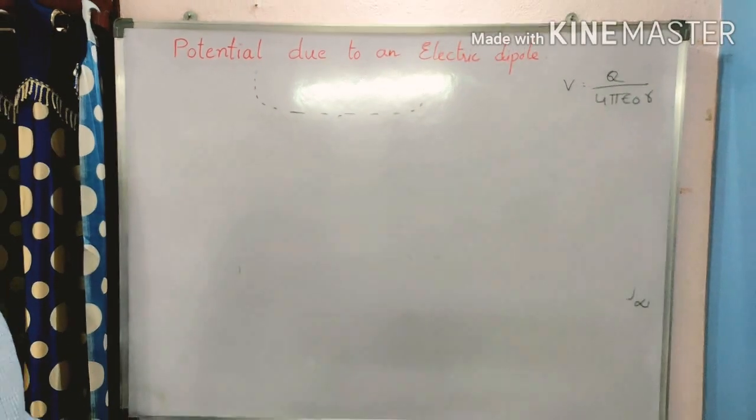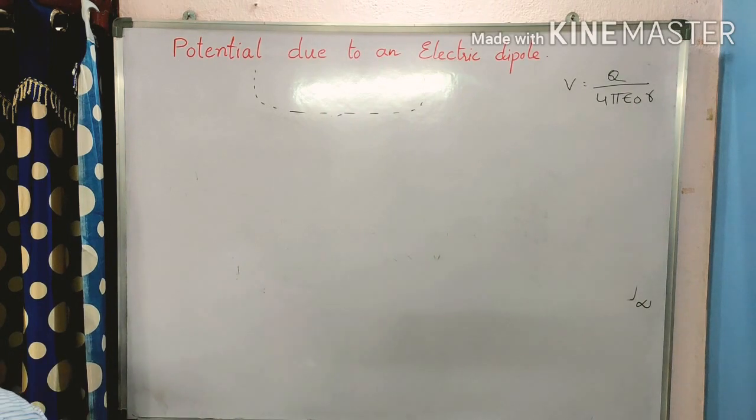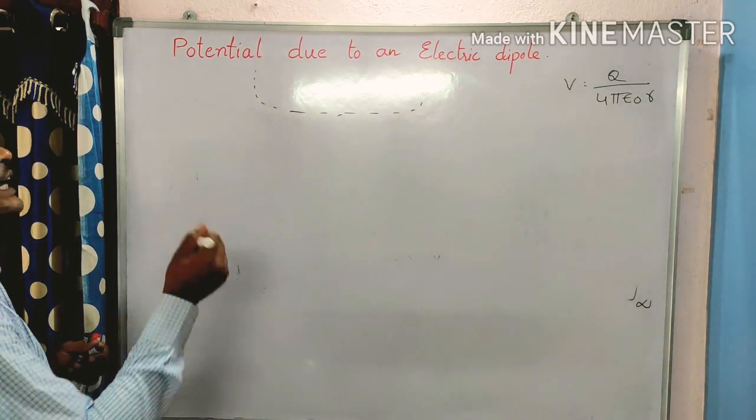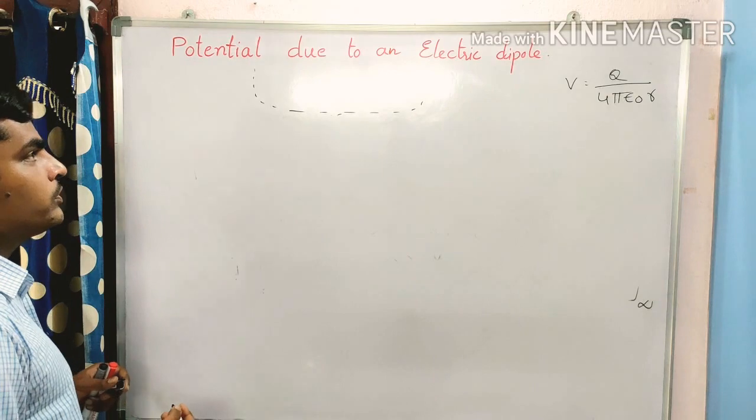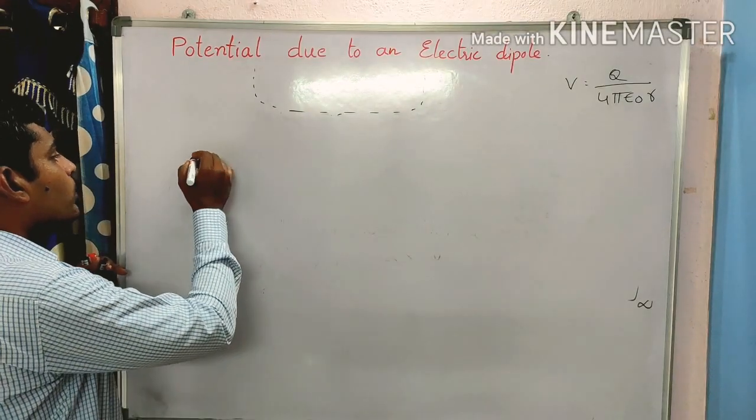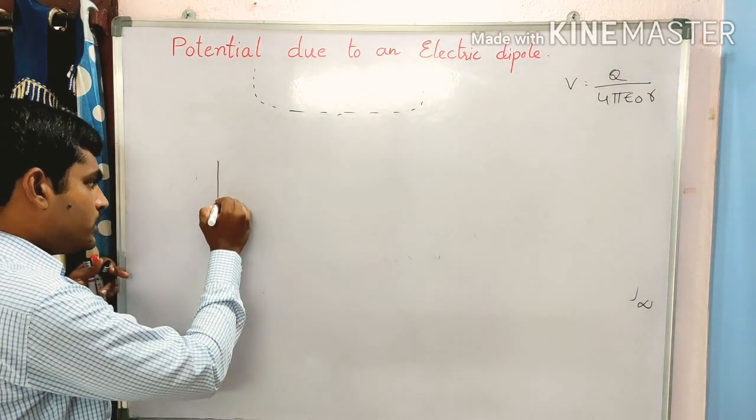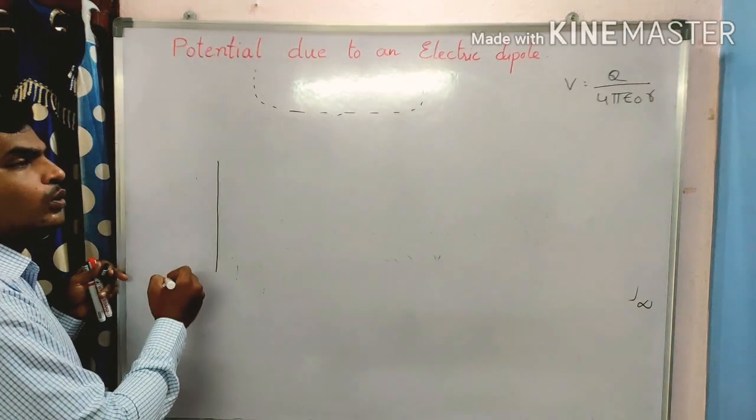Now what do we learn? We will now learn the potential due to an electric dipole. You know well what an electric dipole is. An electric dipole is a pair of two charges.